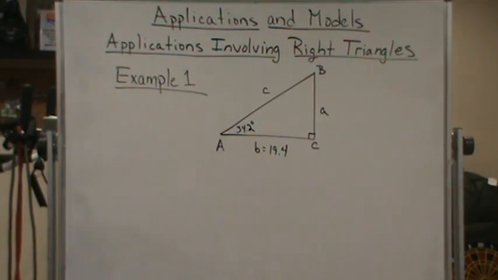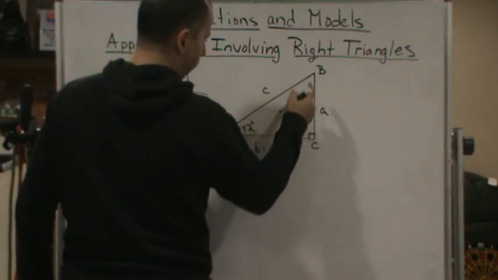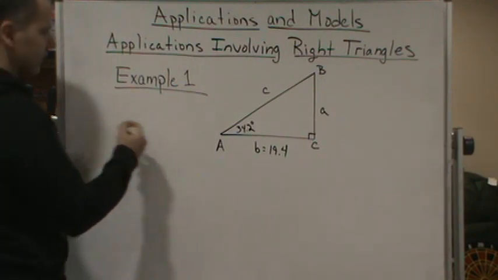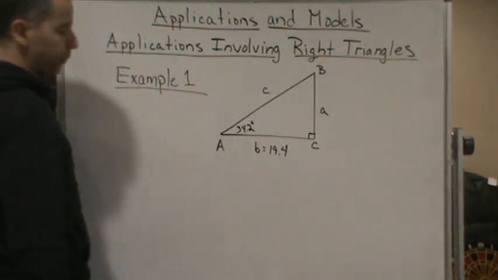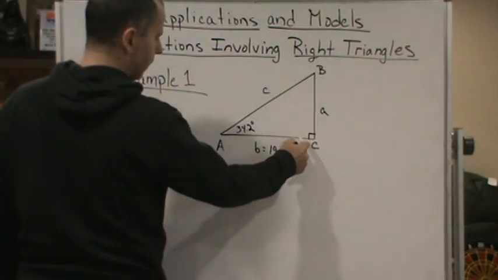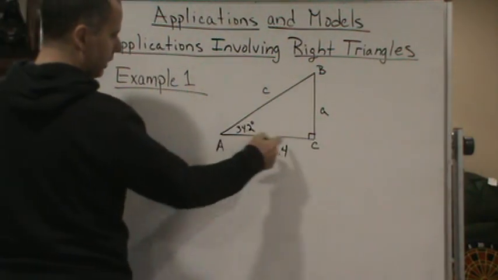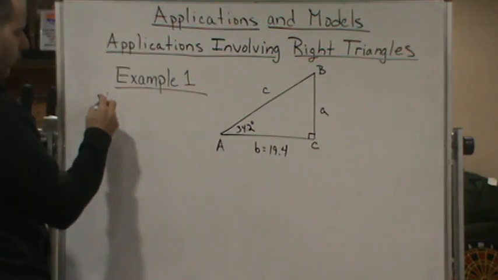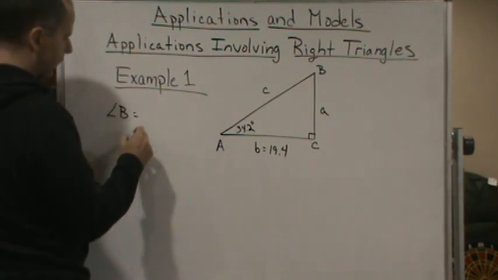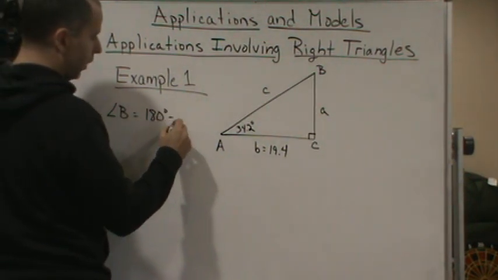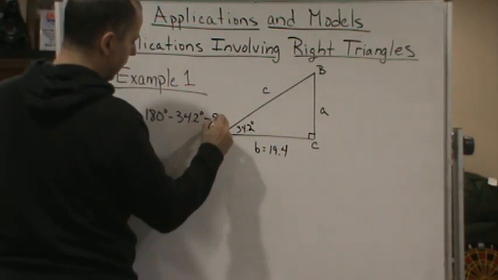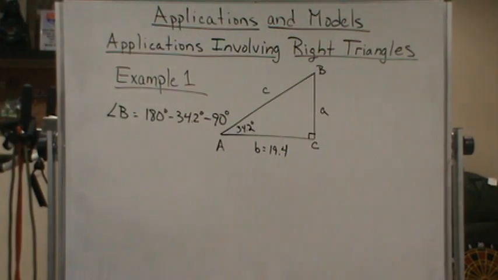Now, obviously we could solve for angle B, right? Angle B is easy because we know that all three interior angles of a triangle have to add up to 180 degrees. And this is 90, and we know these two, right? So to get angle B, we're going to take 180 degrees minus 34.2 degrees minus 90 degrees.